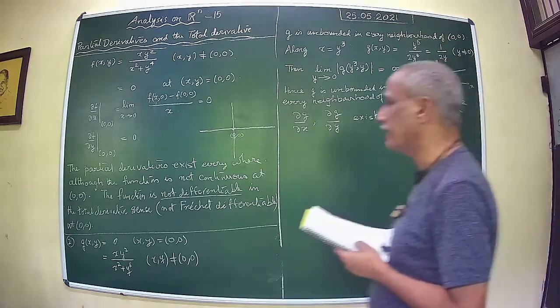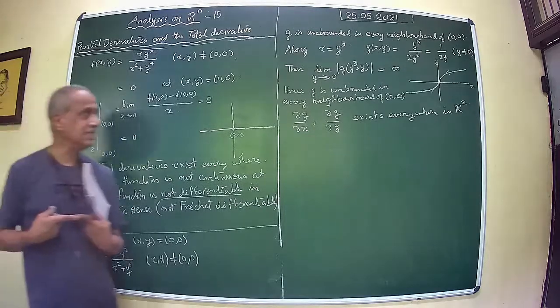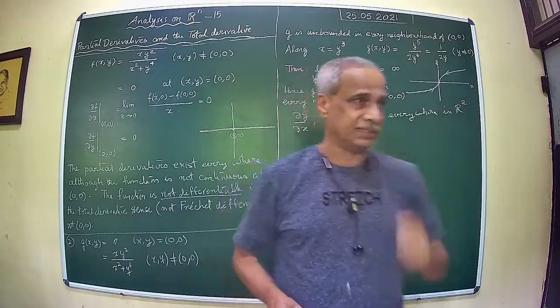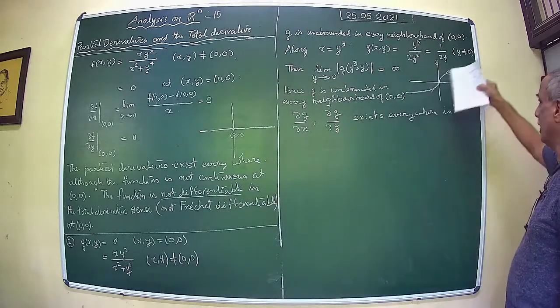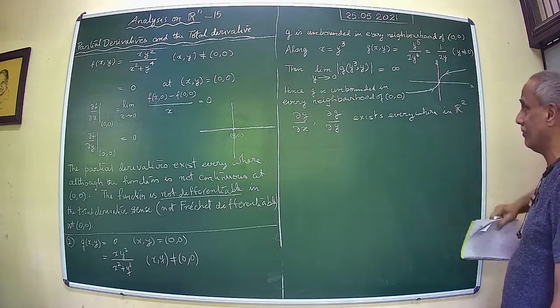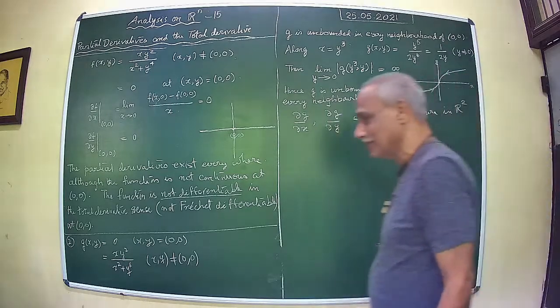The partial derivatives do exist, because the problem is this: partial derivatives, the limit that you take is not along this path. On the other hand, suppose you were to take a look at this function along this path and then take the derivative, because the function is unbounded, there is no question of differentiating it along that direction.